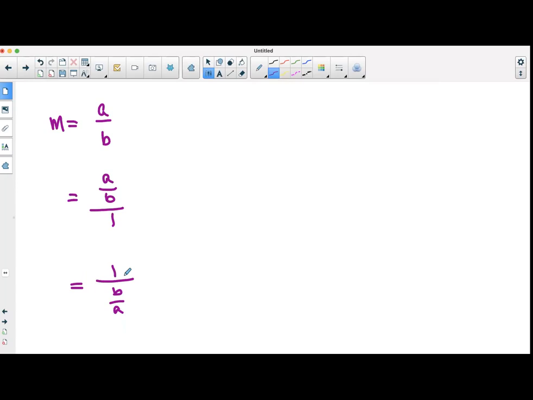But why am I expressing it this way? Because the first one is telling you that as x changes by b units, y changes by a units. That's what slope is.